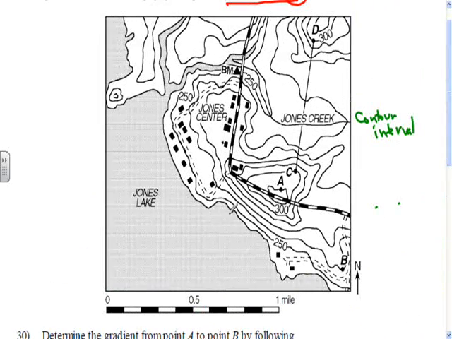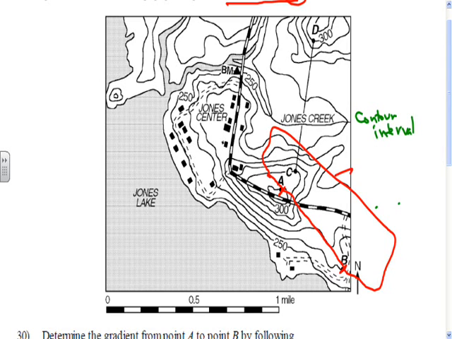As I said, you take a piece of paper and put a long line along AB. Imagine this is a piece of paper.